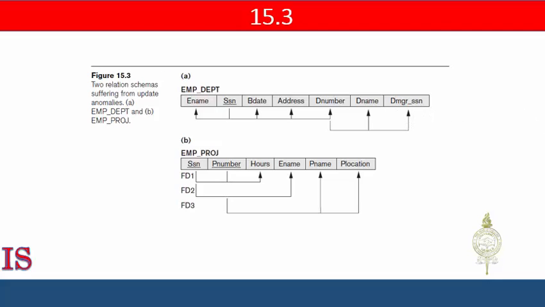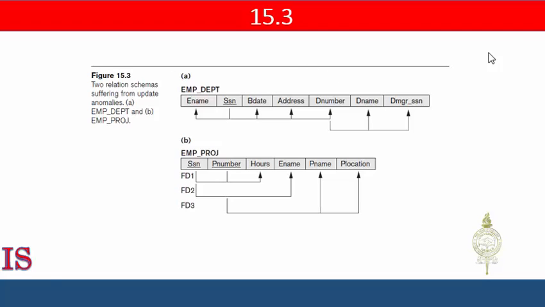department. For the employee project relation in figure 15.3b, each tuple relates an employee to a project, but it also includes the employee's name and the project's name and the project's location. Although there's nothing wrong logically with these two relations, they violate guideline number 1 by mixing attributes from different real-world entities.